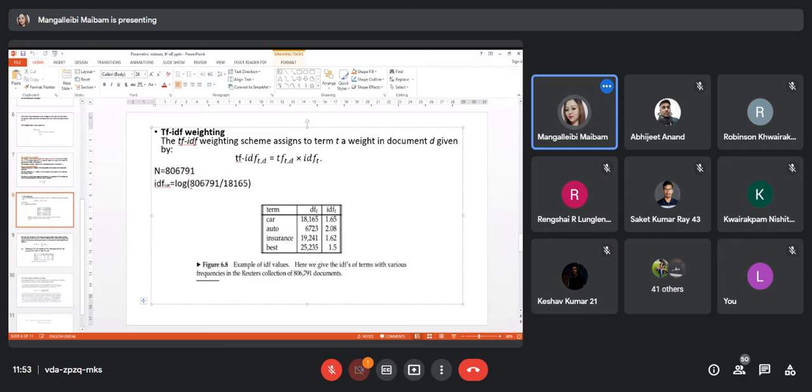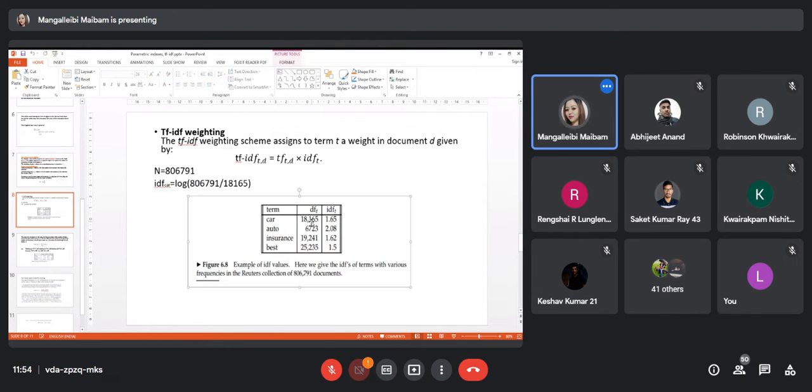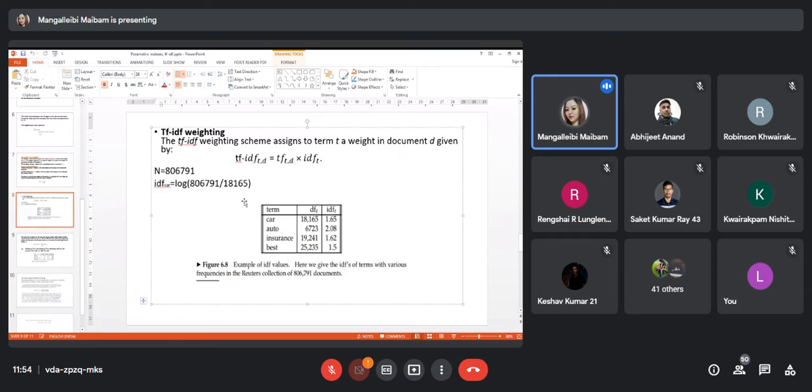It is nothing but log N by the document frequency. Our N is given here, 806,791, and our document frequency is given from this table, 18,165. After calculating this, we got an IDF value of 1.65. So this 1.65, if you multiply along with the term frequency, then we will be getting the TF-IDF value.